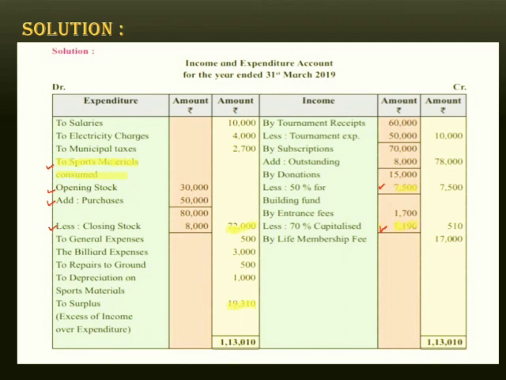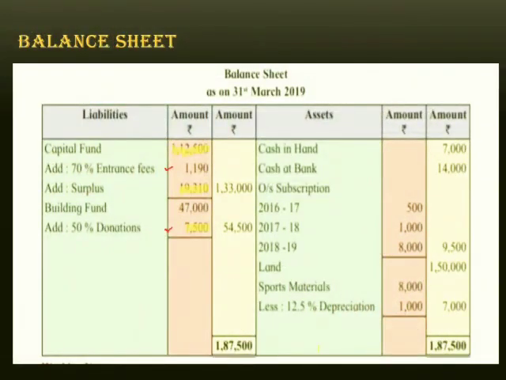And that surplus we are going to add to the capital fund. See, I have highlighted the third item, add surplus 19,310. After doing so, we have capital fund, add 70% entrance fees 1,190, add surplus 19,310, and in the outer column 1,33,000 we have written.